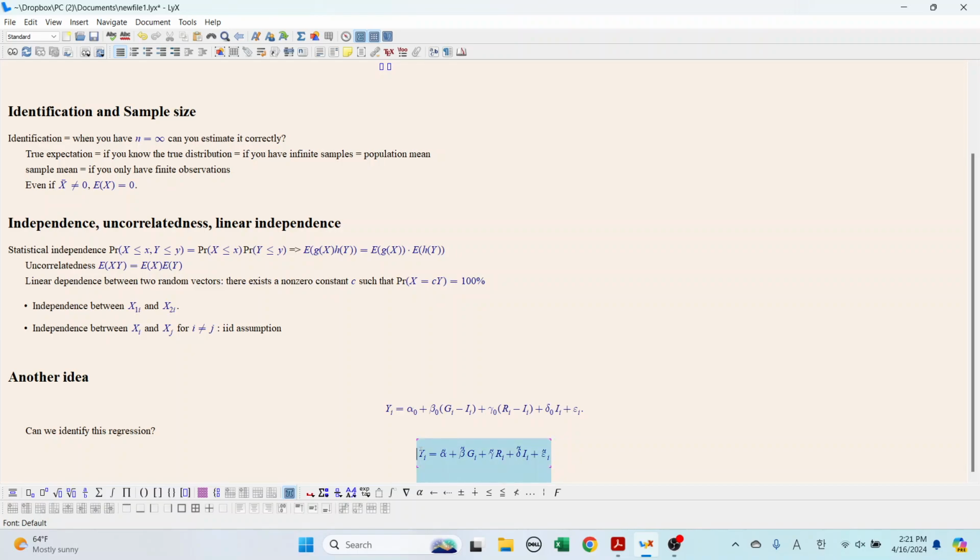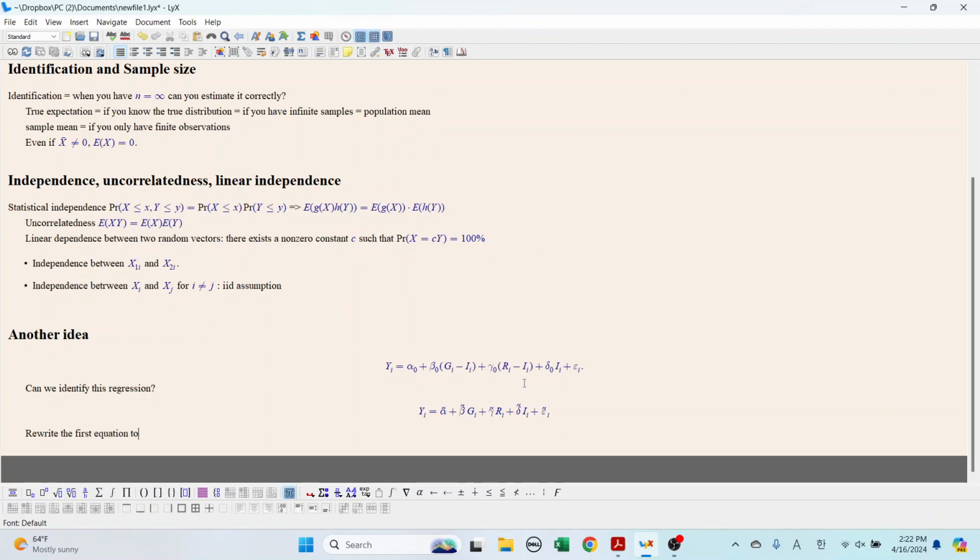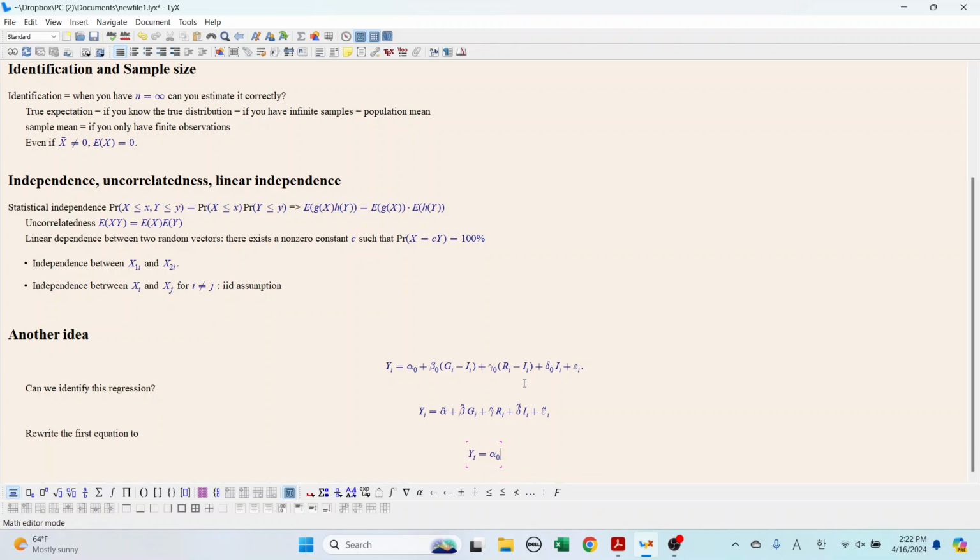And as long as this is identified, you can identify the original model, because we can rewrite the second equation like this. The first equation is converted into this just by expanding the parentheses and the I terms.